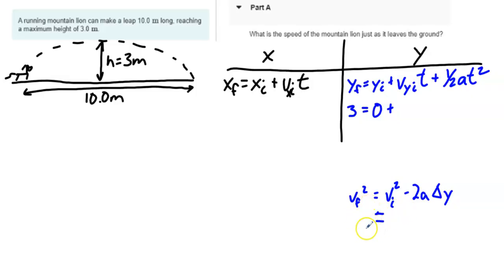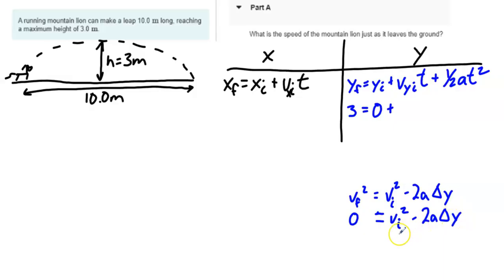This is not immediately obvious, I guess, but at the very top, the y velocity is 0. So since we're doing half the jump, we're going up. Final velocity is going to be at the very peak there, so that's 0. Vi is still unknown to us, minus 2a delta y.